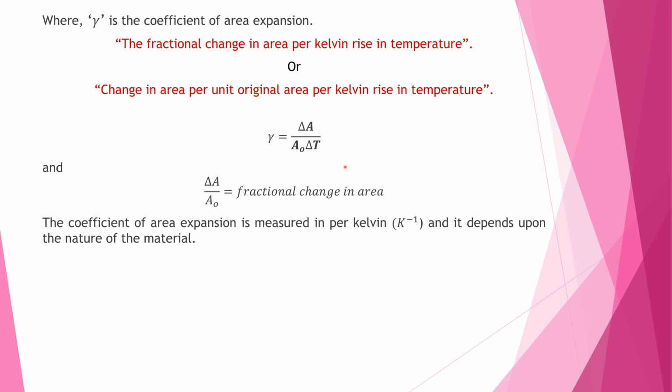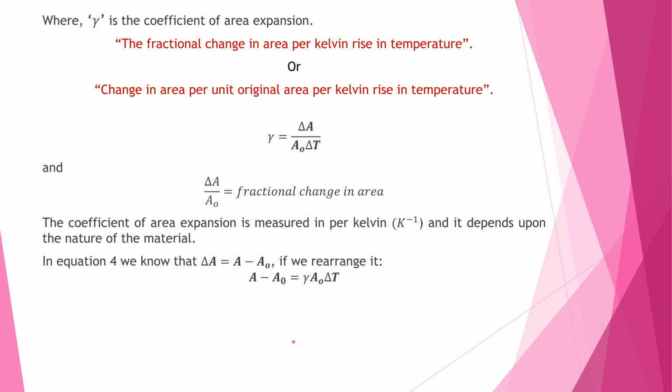So the unit of area is meter square, so this meter square will cancel. The unit in which we measure the coefficient of area expansion is per Kelvin, and it also depends on the nature of the material.